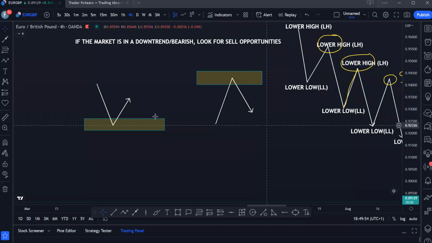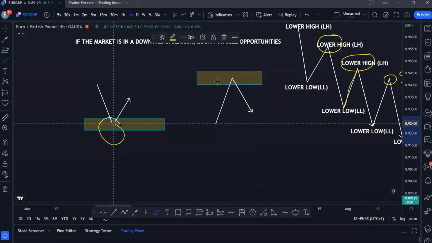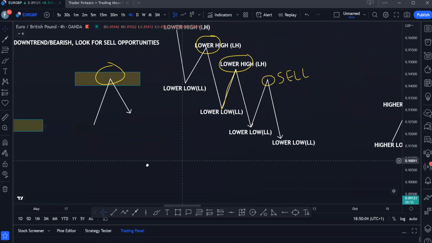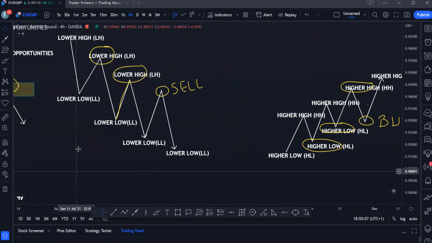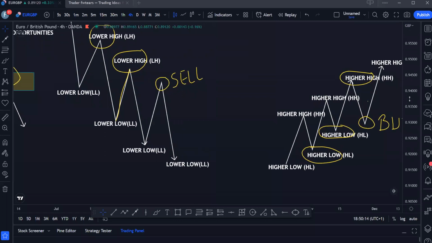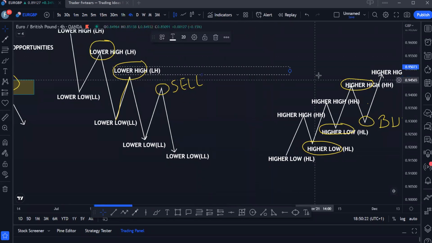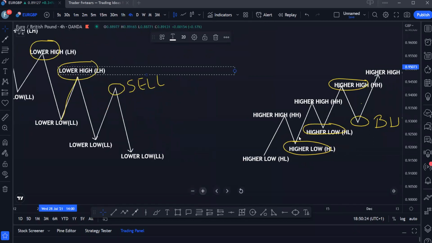So now we are going to combine our knowledge of support and resistance, and merge that knowledge into what we know about trends. Now let's take it a bit further. Don't mind the chart being too clumsy.